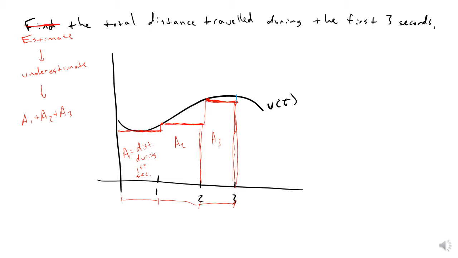So if I break this up into let's say half-second intervals, then I would be looking at more rectangles. And I could still give you an underestimate, but my underestimate would be better than it was before.